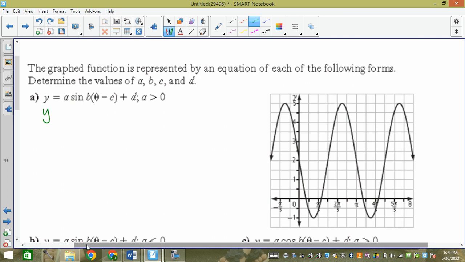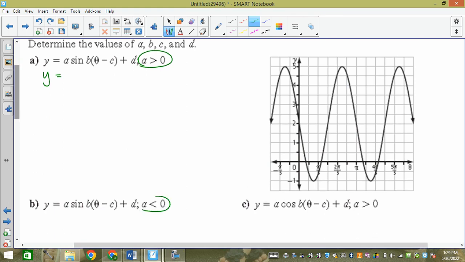So we have y equals, see this one says a is greater than 0, and then this one says a is less than 0, so these are going to be our signs. So this one would be positive 3 sine, my b is going to 2 something, and then my d value is plus 2.